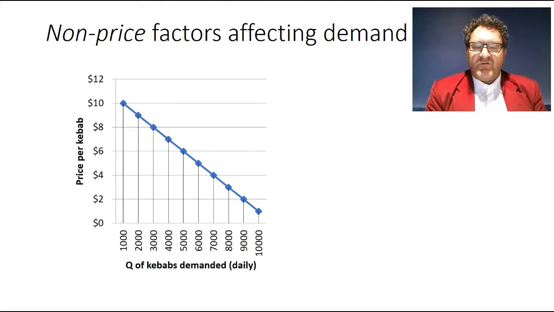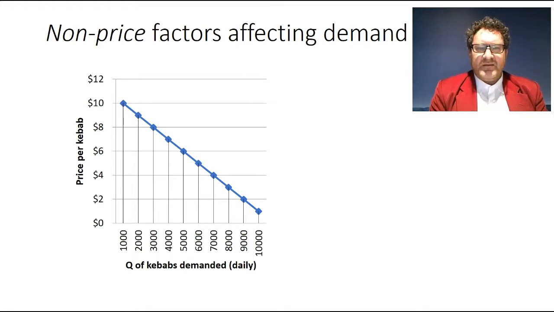Okay, so we've been focusing on changes in the price of a good affecting the quantity demanded. So we have a demand curve, and usually that demand curve will adhere to the law of demand. But what about all of those non-price factors that we mentioned earlier? What if there were changes in the number of buyers in the market?